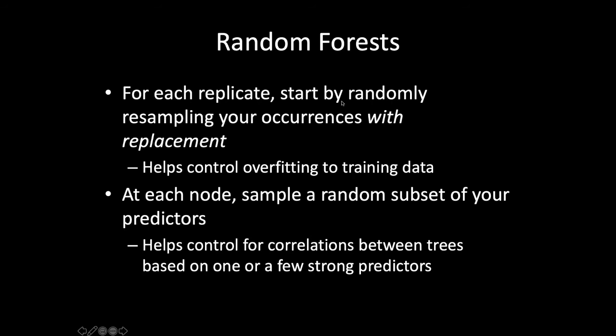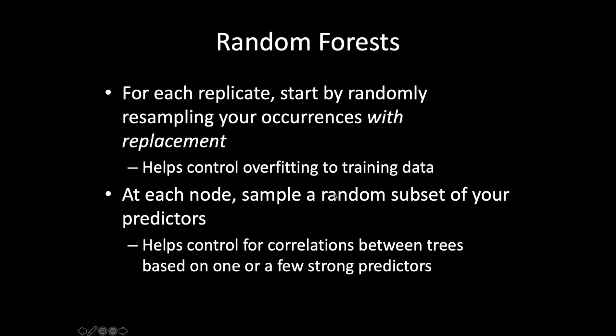Random forest, by randomly resampling those occurrences with replacement, will make sure that that data point with that huge disproportionate effect doesn't actually appear in every replicate. So its influence will be somewhat diminished, because half the time it's not going to show up.